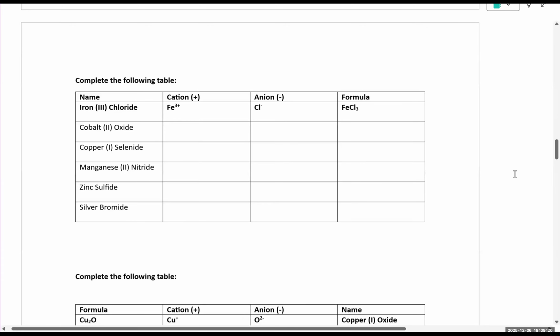We're now asked to complete the following table where we have to identify the cation and anion and their charges and the formula for each of these following transition metal ionic compounds. Just like before, we're going to figure out the charge of each component ion by, for example, for iron 3 chloride, we have a formula of FeCl3.